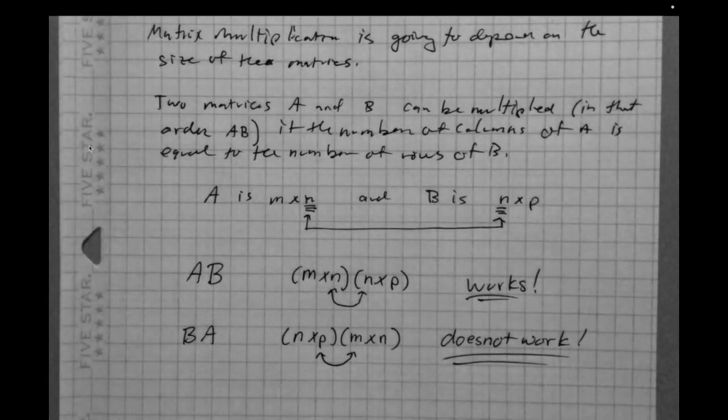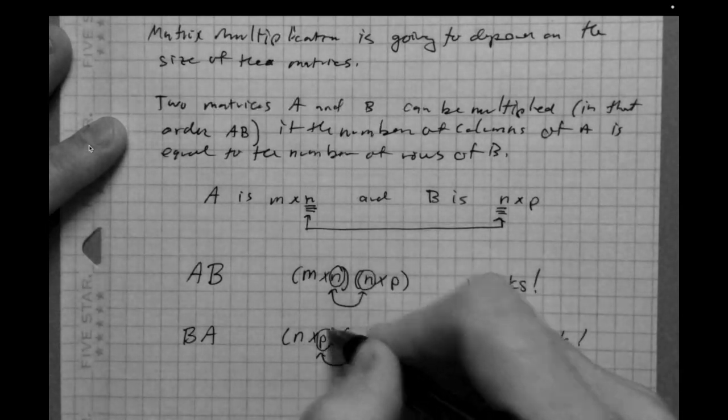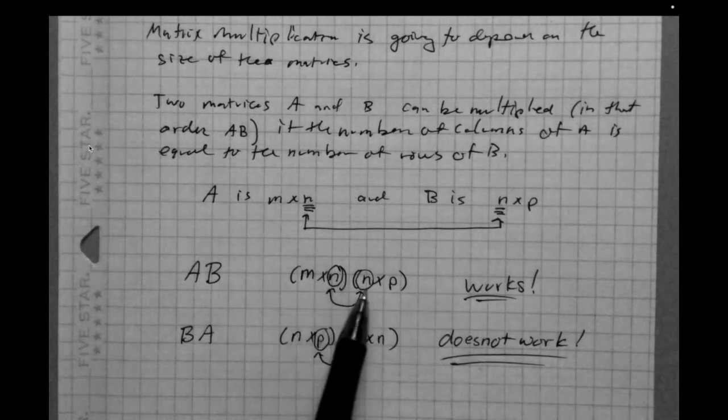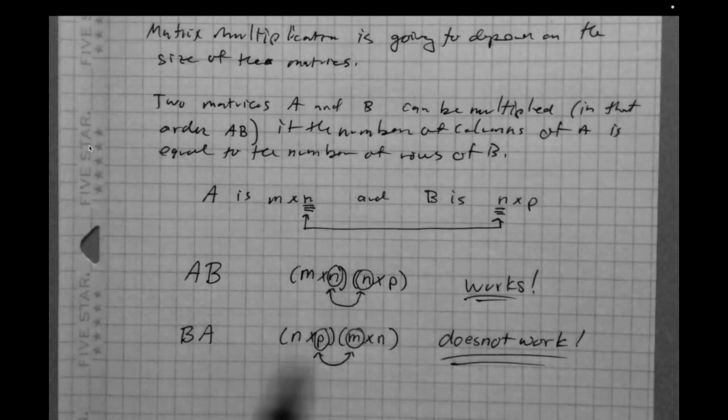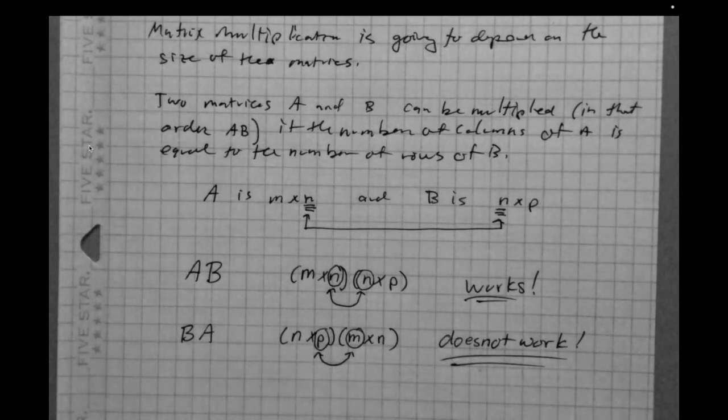It has everything to do with the dimensions here. Right here, the dimensions align: the number of columns of A matches the rows of B. Here, they do not align: the columns of B do not equal the rows of A.